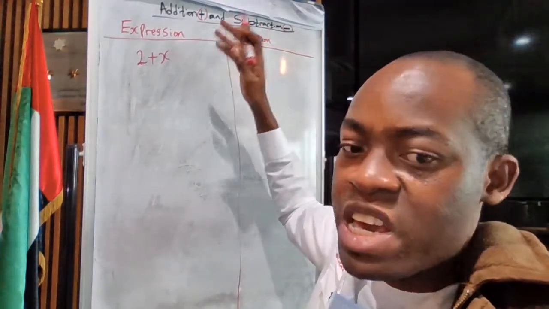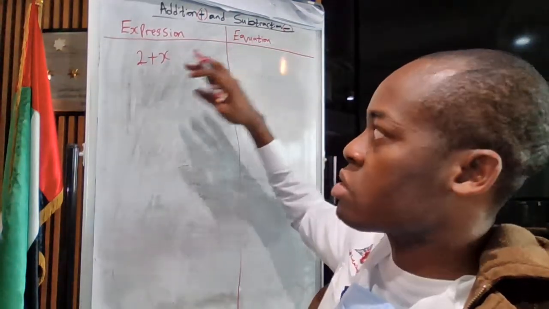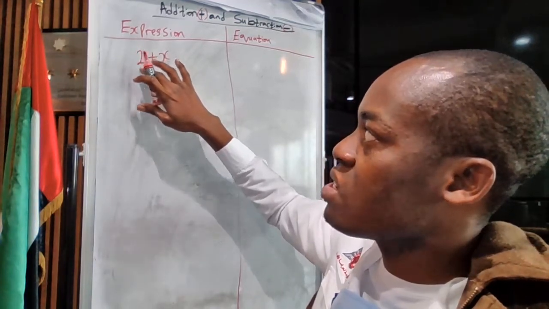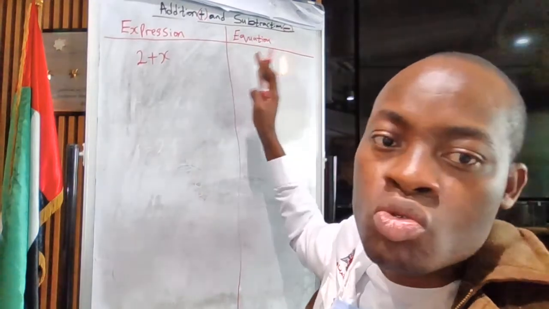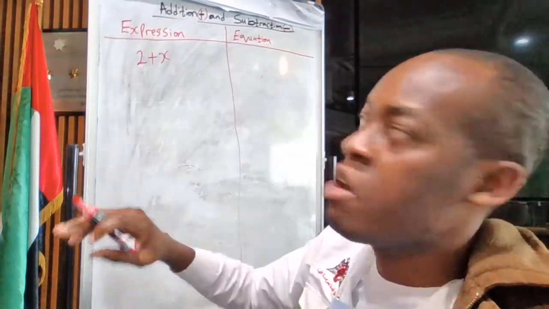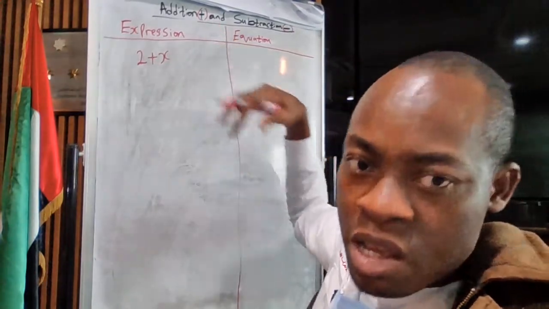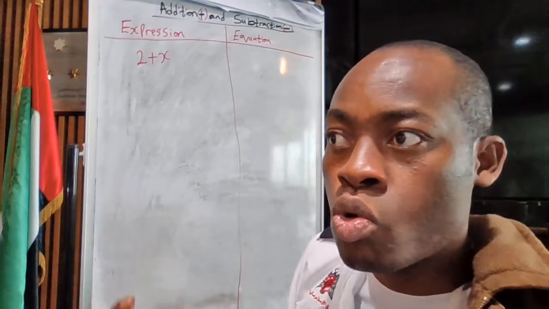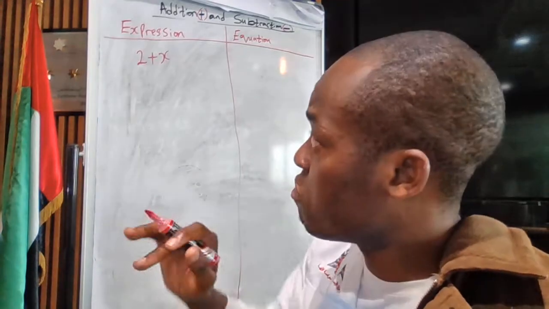Expression should be a stepping stone to understand equation, but we discover that most of the time the expression does not serve that purpose. It even makes equation very difficult for students. When you put equals to and write the answer here, then when you get to equation, students become confused. They don't know what to do.